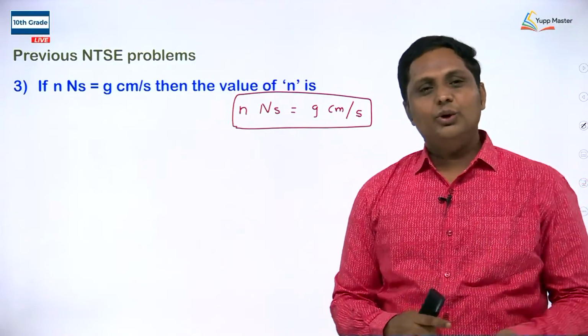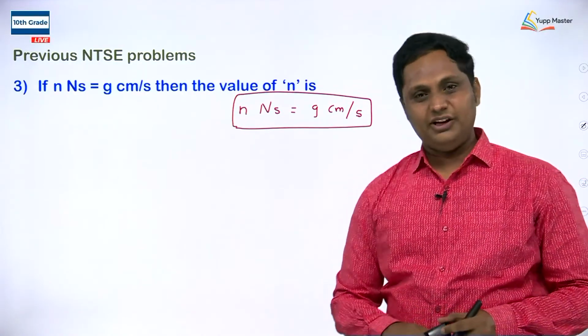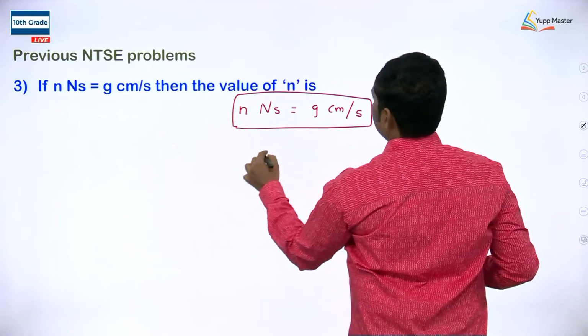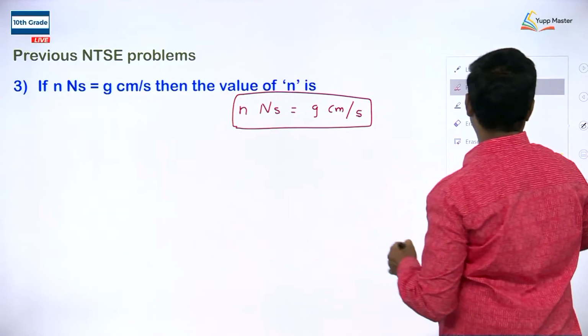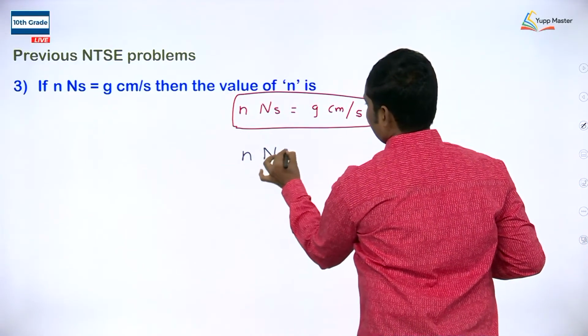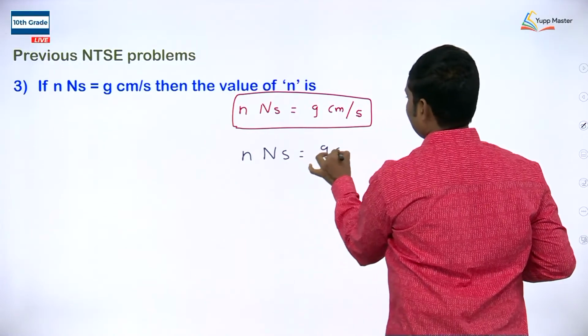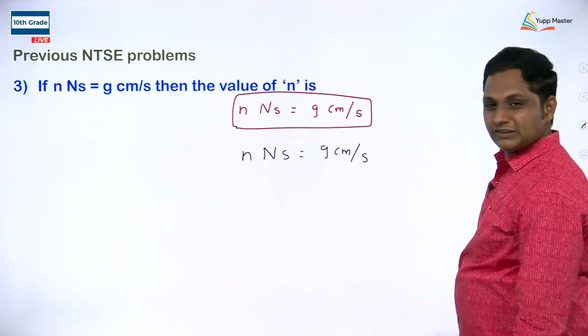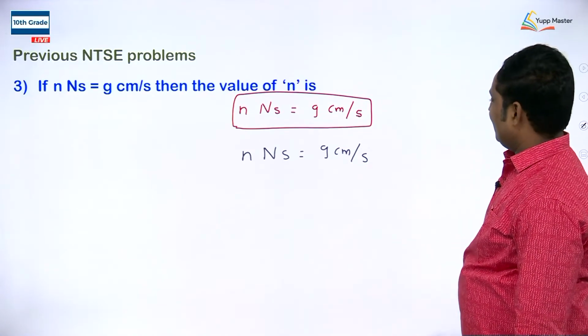Right. We are going to take this expression and solve for the value of n, it is very clear. How you are going to solve that, you can see that. So, n Newton second is equal to gram centimeter per second, all right.